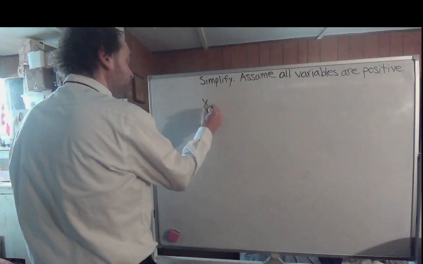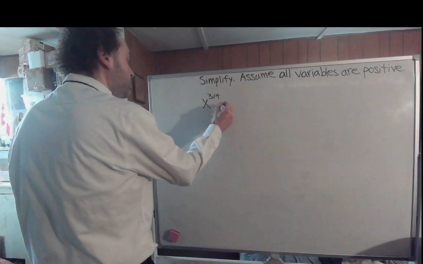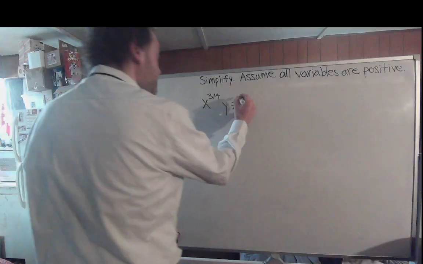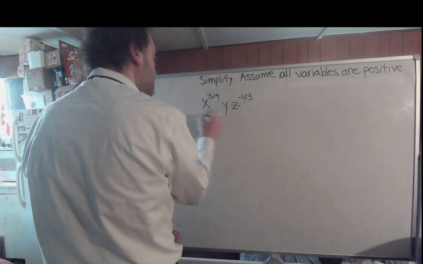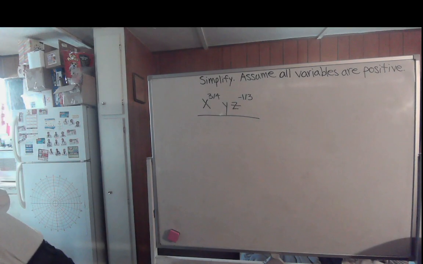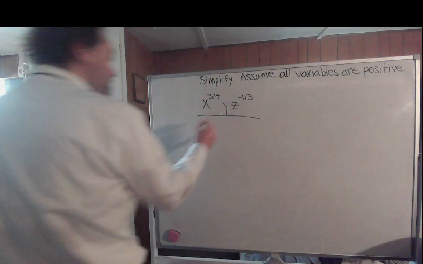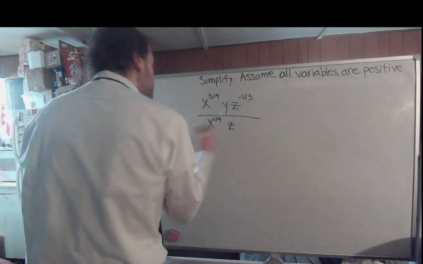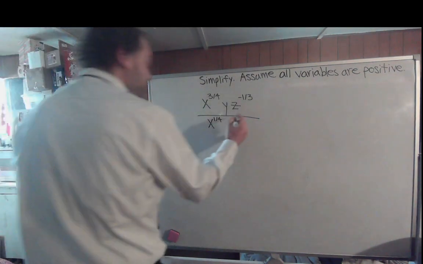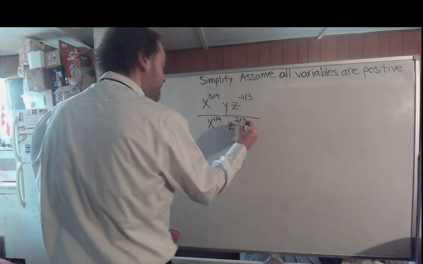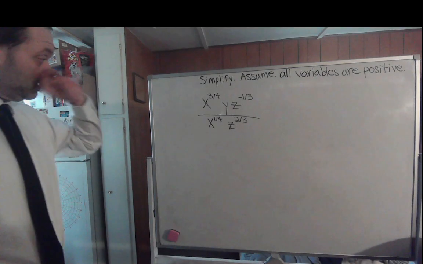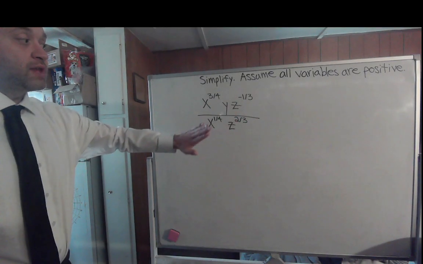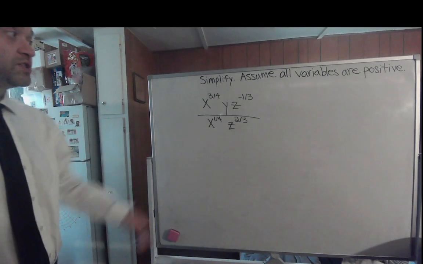Three variables. Let's see, we have x to the 3/4, y, z to the negative 1/3, all over x to the 1/4, z to the 2/3.